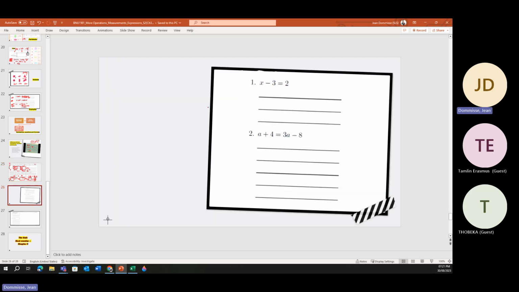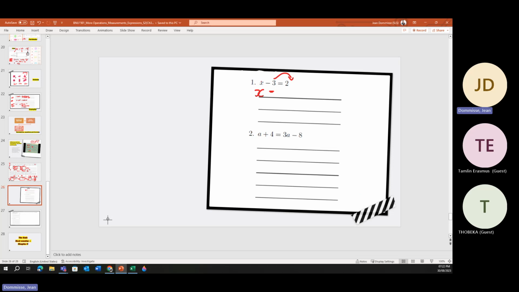Then there's also equations like this, which I like much more than to work with word sums. So with an equation like this, what I normally would do again is I want all my x's on the one side, all my numbers on the other side, so that needs to go to that side.